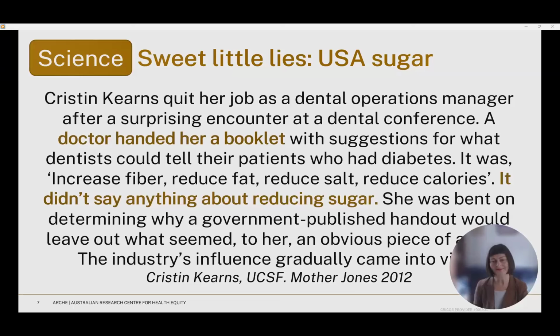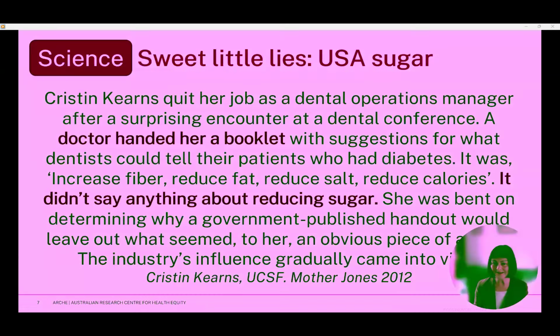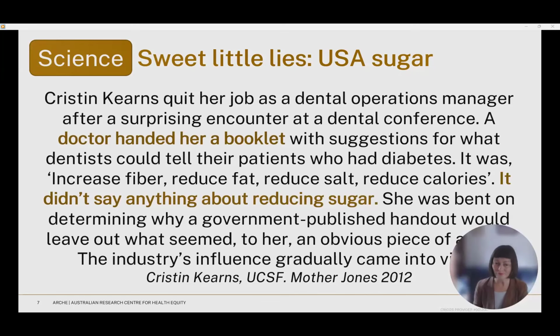And nowhere did it say anything about reducing sugar. So here was science being presented to her, and nowhere did it mention anything about sugar to do with diabetes. That led Kristen down a track of really trying to uncover what was happening. And what she saw was the sugar industry influence in guiding science, or misinformation, in this situation.